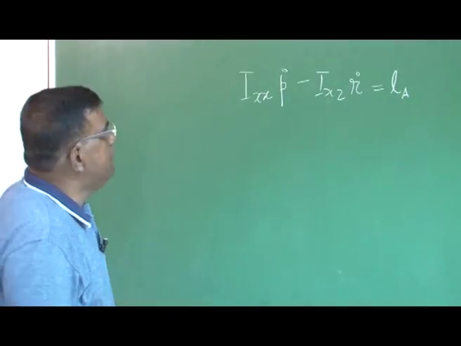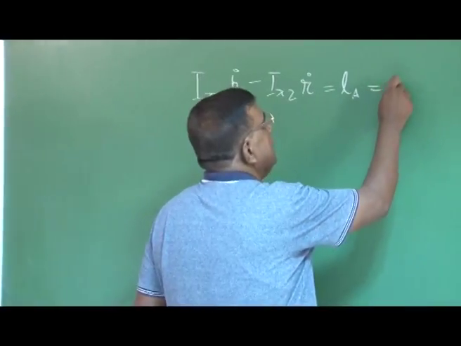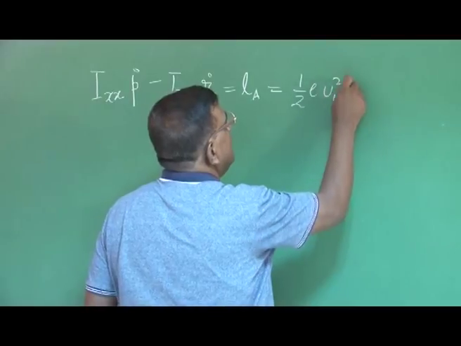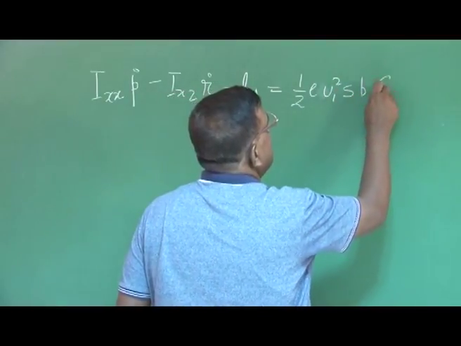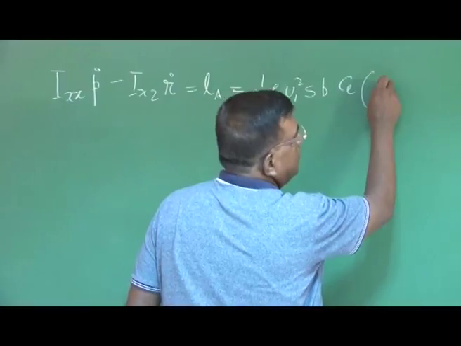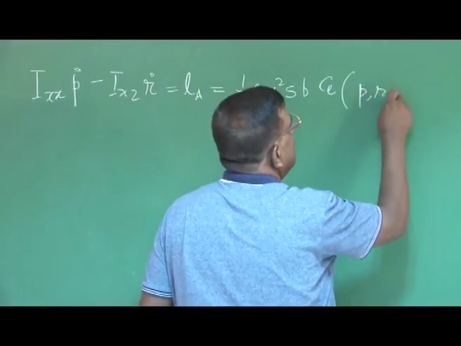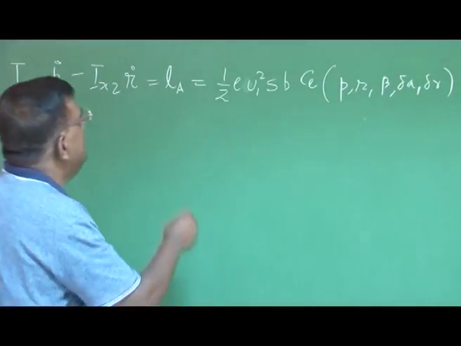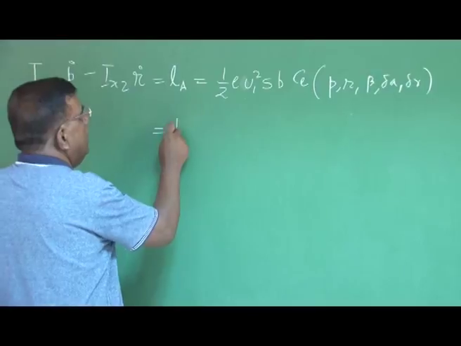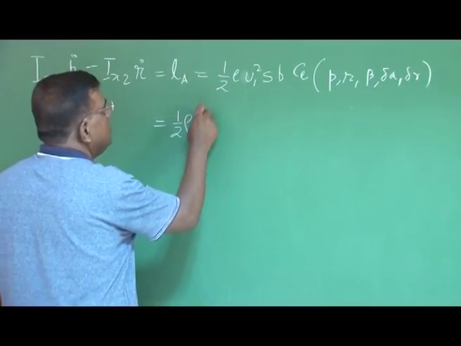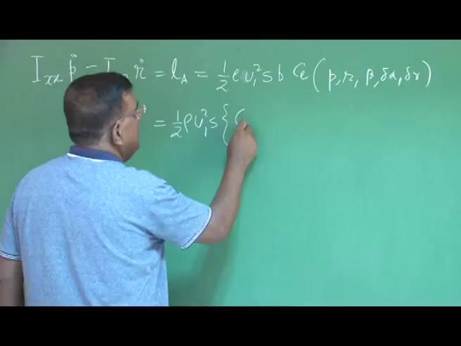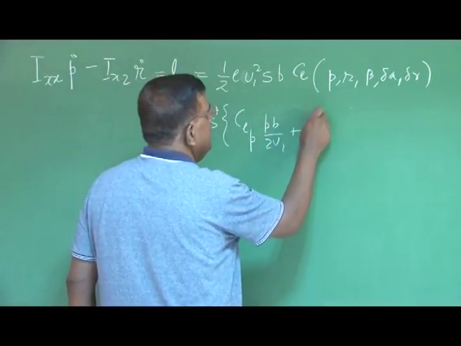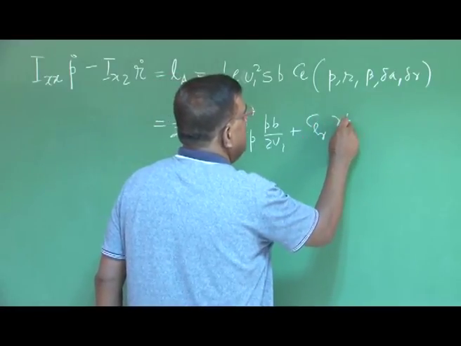Now, we know that LA I can write as half rho V square, or let us say U1 square S B into CL, and CL is a function of P, R, beta, delta A, delta R, and then we wrote it like half rho U1 square S into CL P into PB by 2 U1 plus CLR into RB by 2 U1.